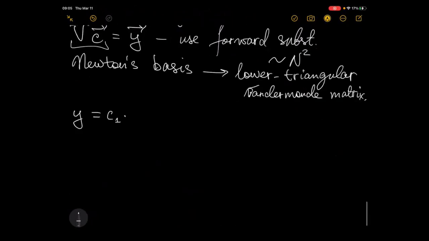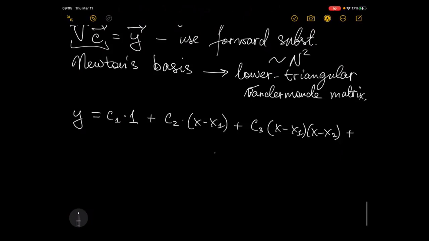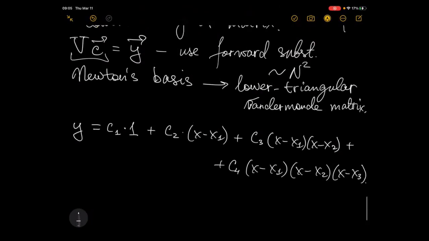So you will get C1 multiplied by 1 plus C2 multiplied by x minus x1 plus C3 multiplied by x minus x1, x minus x2 plus C4 multiplied by x minus x1, x minus x2, x minus x3, right? So these C's are from here.